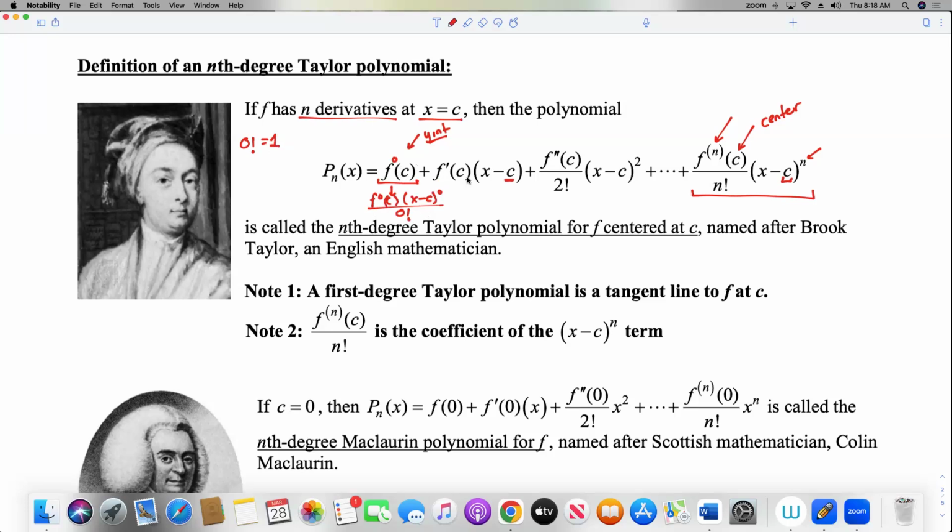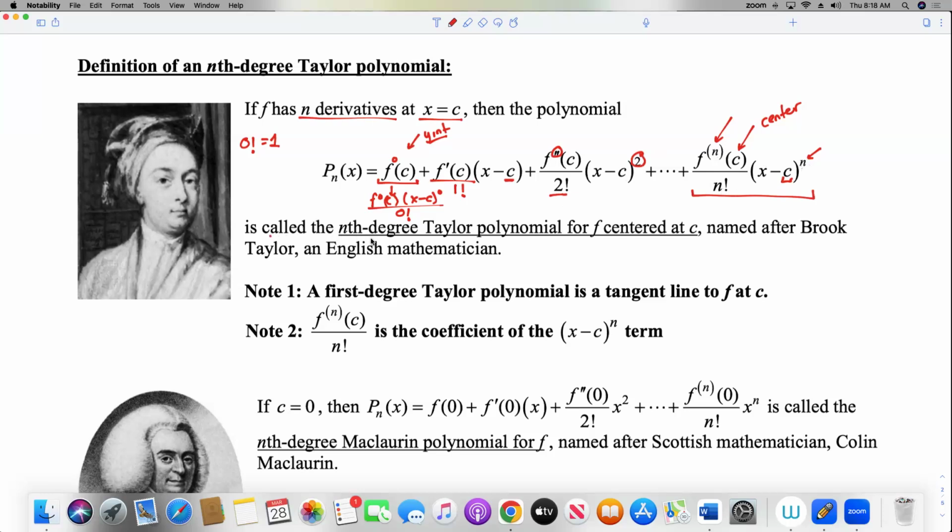And then same thing with this guy. This is f to the first degree, so first derivative, over 1 factorial, which is also 1, times second derivative over 2 factorial, second degree, nth derivative over n factorial, nth degree.